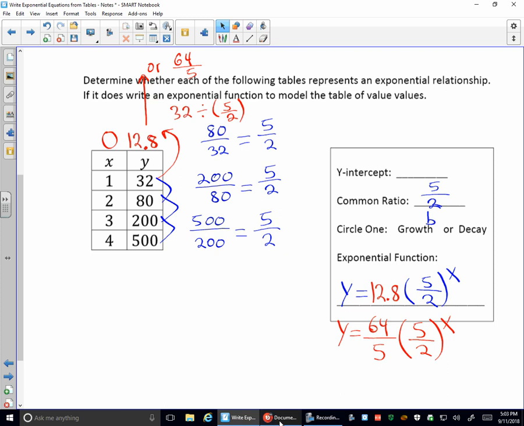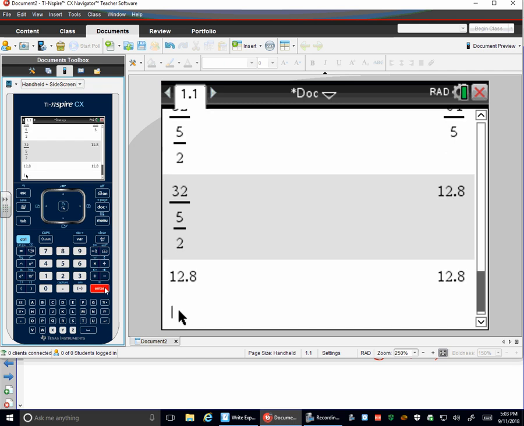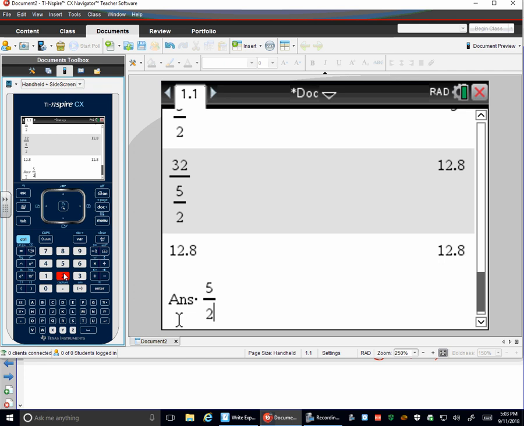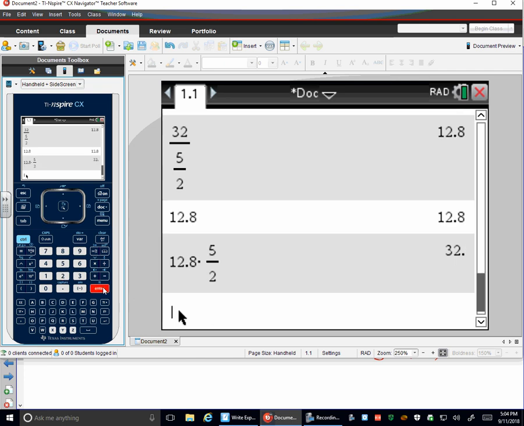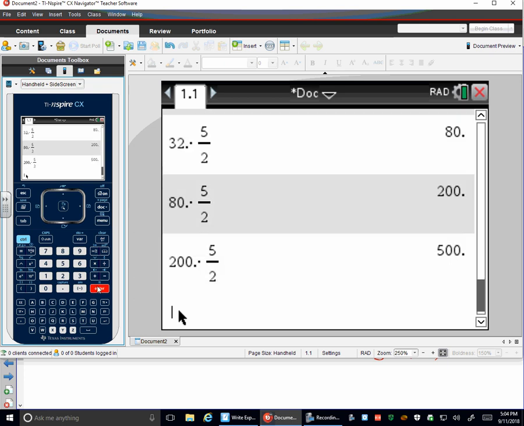Let's start with 12.8 and multiply it by the common ratio of 5/2. If this is true, then as I multiply, I should come back to those same values that we saw: 32, then 80, then 200, and then 500. So times 5/2, boom, 32. Times 5/2 again, 80, 200. Awesome. So my starting point at 0 was 12.8, and we just wanted to make sure, and that's how I can show you guys.